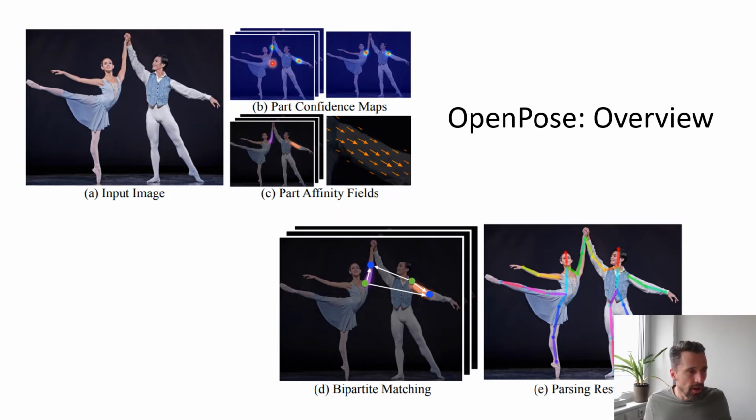The post-processing of those two kinds of maps then leads first to a matching of those parts, right? If we have two shoulders and two elbows, the question is, which elbow do we connect that shoulder to? And which elbow corresponds to that shoulder? I'm going to show you how that works. Once we have those connections between two parts, we merge those parts into skeletons that make up one human and the other.